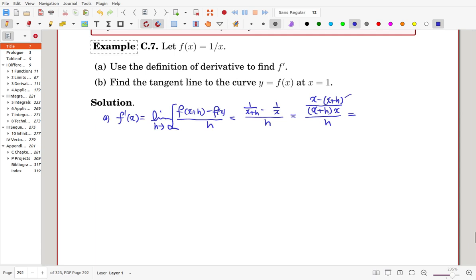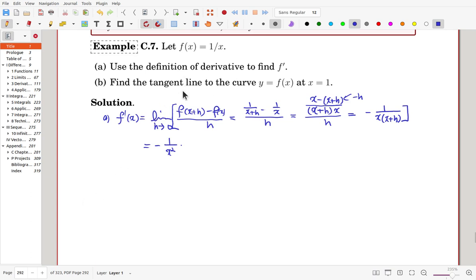This portion is minus h, and along with this h it can be cancelled out, so that there is minus 1 over x times x plus h. Right? Once h approaches 0, that will become minus 1 over x squared. So that's the final answer.